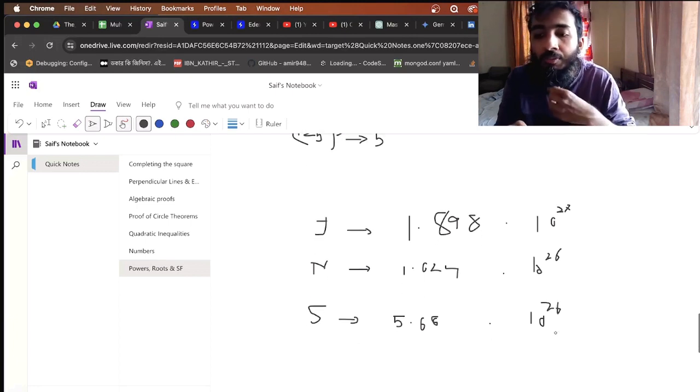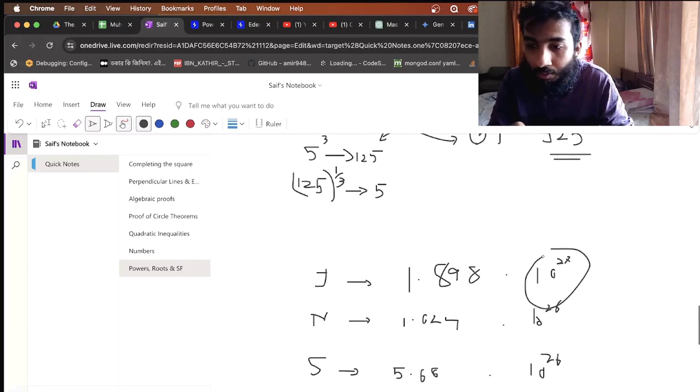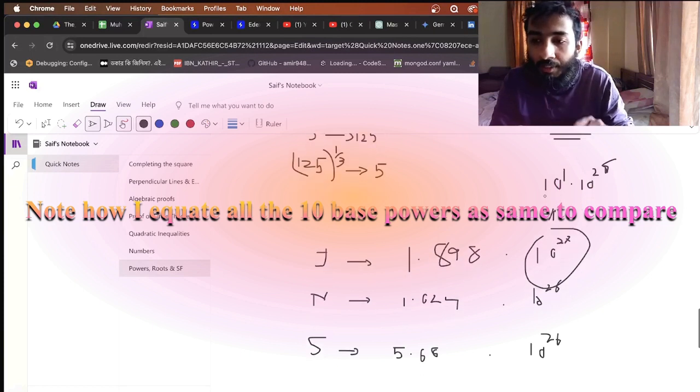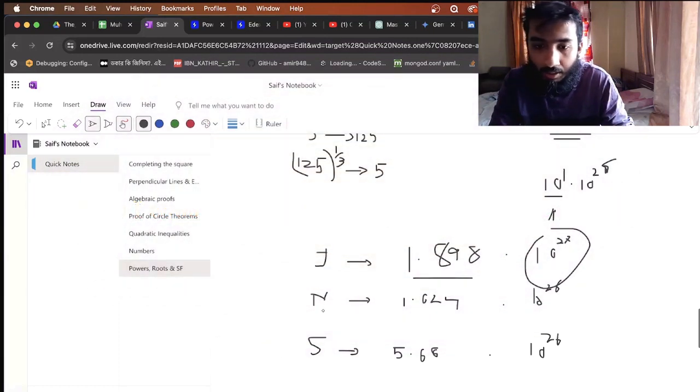Now which one of these has the greatest mass? If you look at Jupiter, this power 10 to the power 27 can be represented as 10 multiplied by 10 to the power 26, or 10 to the power 1 multiplied by 10 to the power 26. So if I multiply 10 with 1.898 and equate the powers to 10 to the power 26, as with Neptune and Saturn, we get 18.98 times 10 to the power 26.